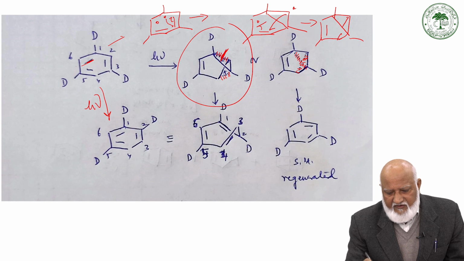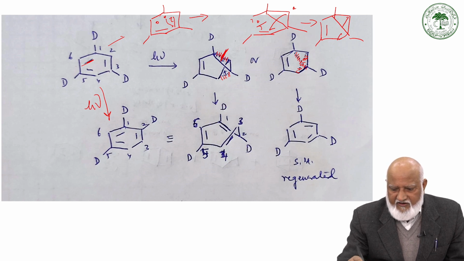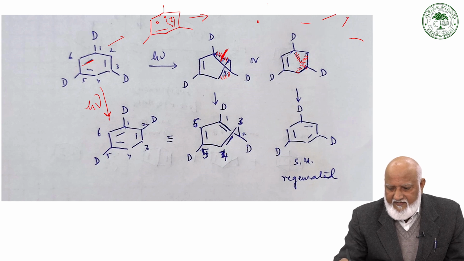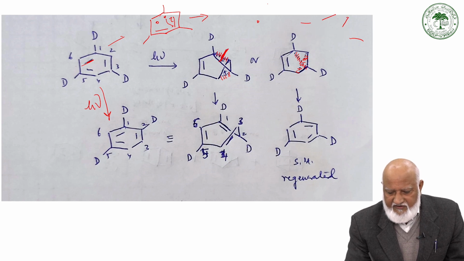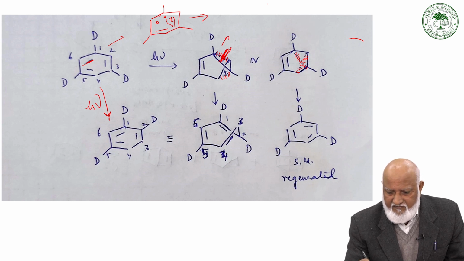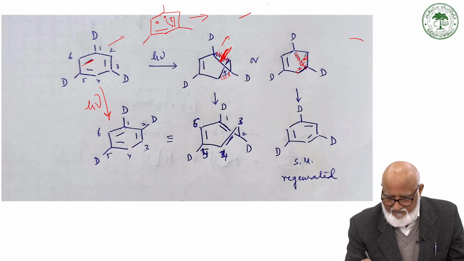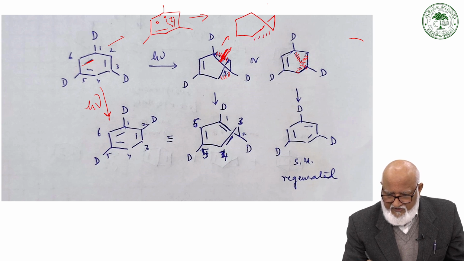If we cleave this, we get a diradical like this. So we are just cleaving this one to give a diradical. This is the dotted line; we have cleaved this dotted line, so we have a diradical.